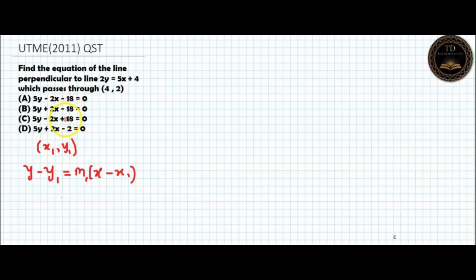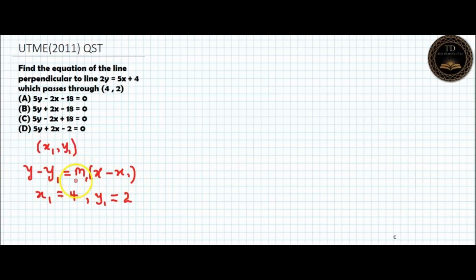So we already have x1 and y1 according to the question. This is the point where the line passes through, so x1 is equal to 4, and y1 is equal to 2.